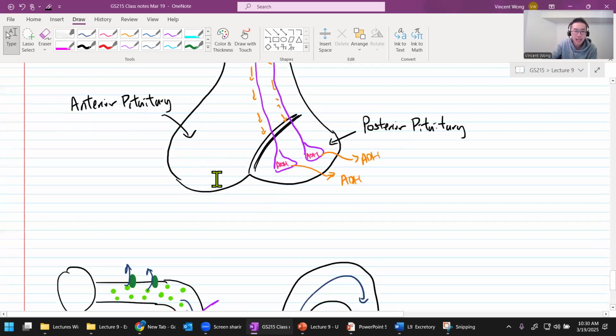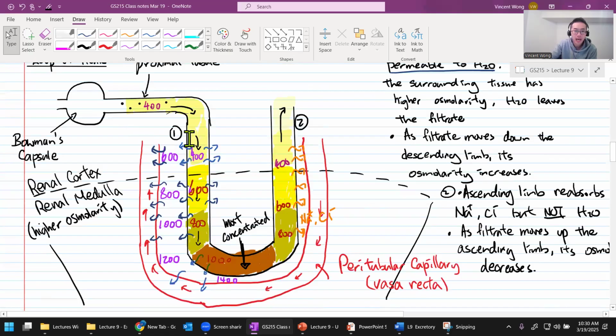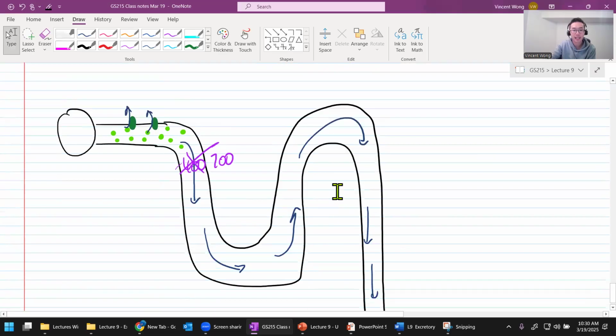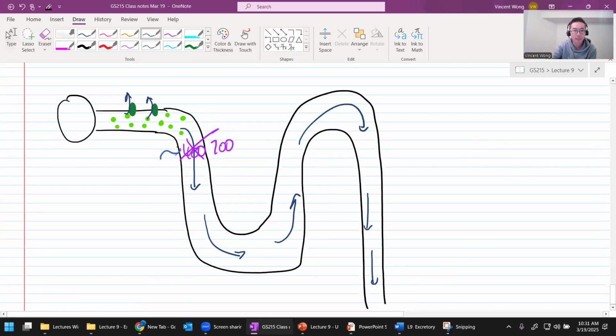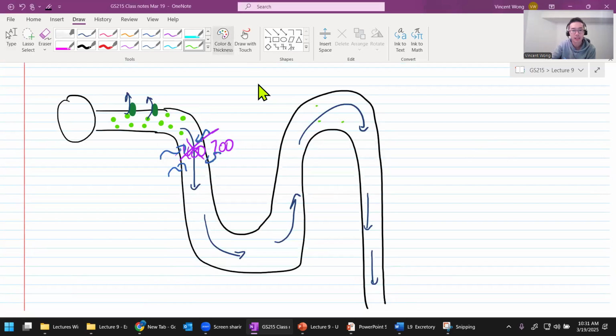Compared to the surroundings, I'm not going to be able to absorb as much water. In fact, if this first number is 700, water is actually going to go the other way, coming in for some time. And certainly that's going to be a problem later on in the distal tubule and the collecting duct as well.